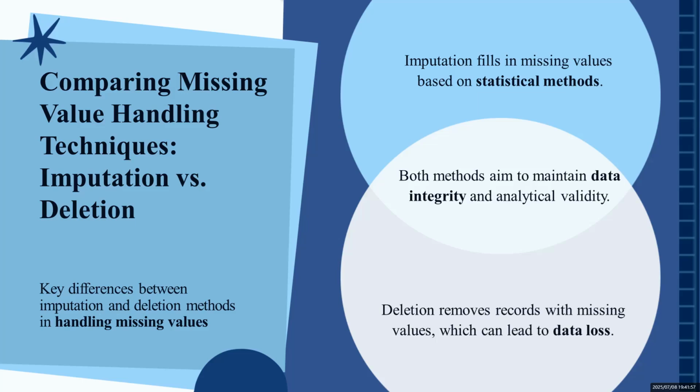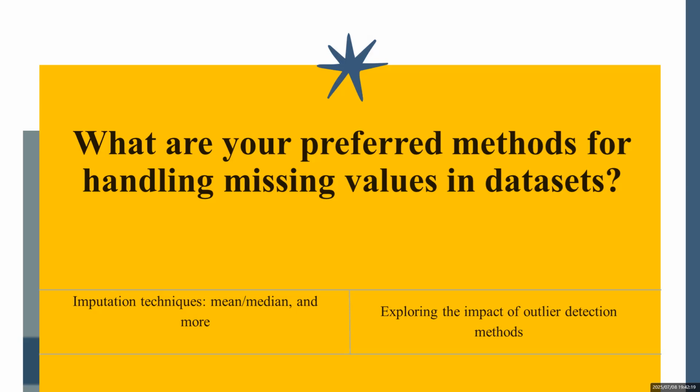Now let's look at the advantages and the intersection of both. Both methods aim to maintain data integrity and analytical validity. So that is the essence of both methods. Whether you're deleting or using imputation, all you're trying to do is maintain data integrity. So what is your preferred method for handling missing values in a dataset? This is based on the nature and the sensitivity of your project.